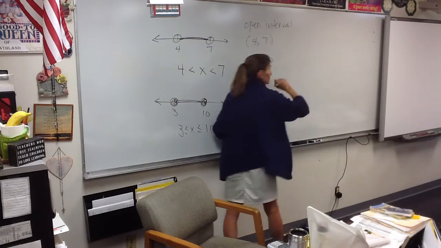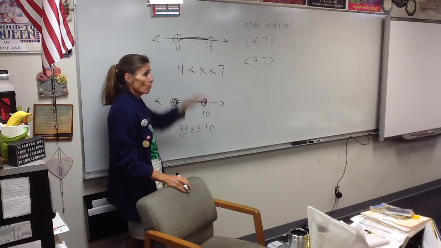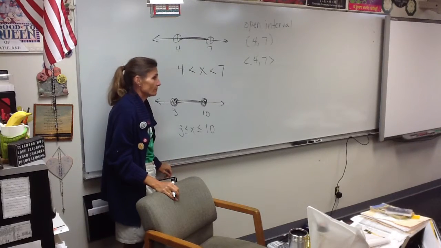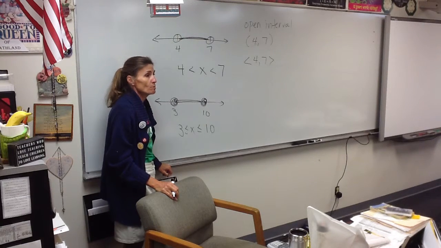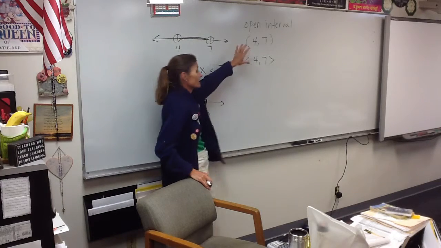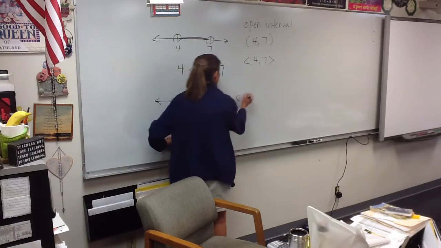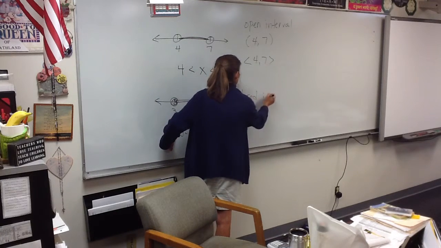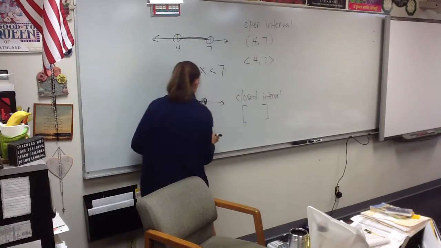Anybody want to take a wild guess why it's called open interval? Take a look at what it's suggesting. Because the circles are open. The circles are open. Yeah, the circles are open. It's an open interval. So we're talking about all the numbers between 4 and 7. We're going to write it this way. Now, this one, guess what this is called? A closed interval. And your closed interval notation is brackets.